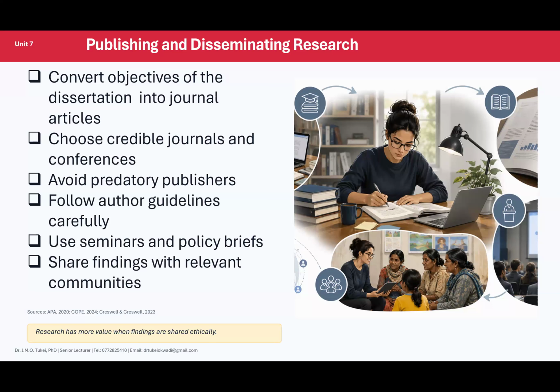A journal article usually presents one central argument rather than reproducing the entire dissertation. Researchers should choose credible journals that match the topic, follow the author guidelines, and avoid what we call predatory publishers.